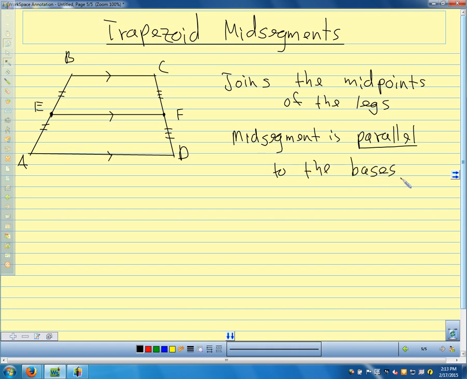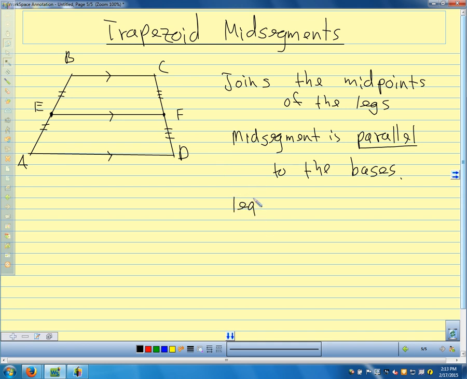So it's parallel to the bases. And do you remember how the length of the mid-segment compared to the length of the base of a triangle? It was half the length of the base. So for a trapezoid, because we have two bases, we have to take those into account. So what we do is we add the bases together and divide by 2.